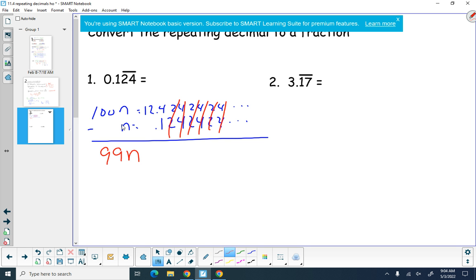So we have 12.3, dividing both sides by 99. Then you have to put it into a proper form. You multiply top and bottom by 10 and then reduce your fraction down.